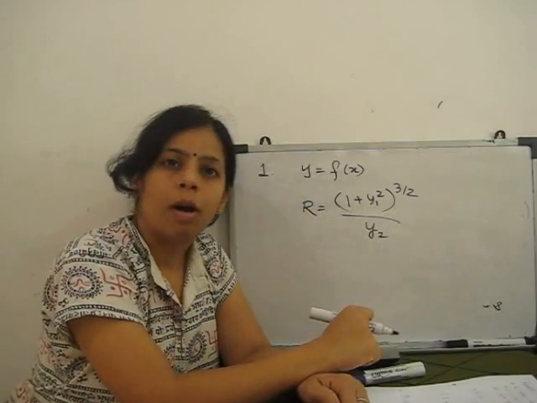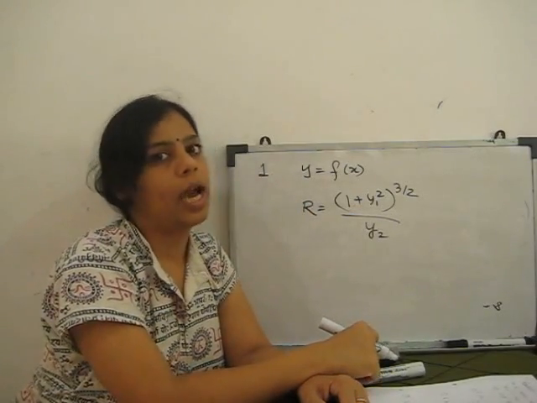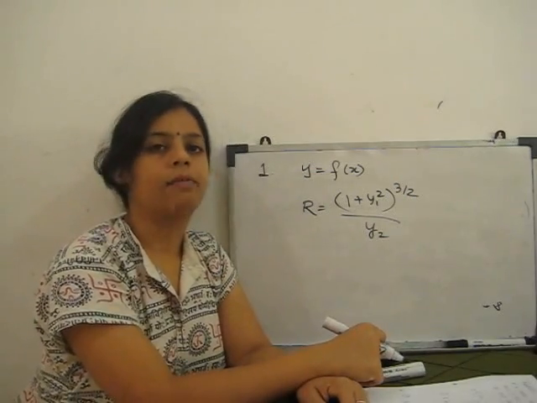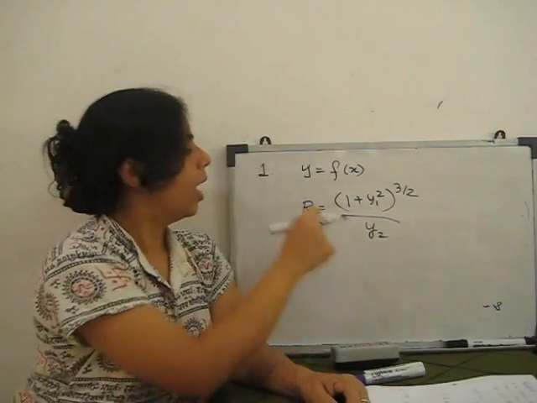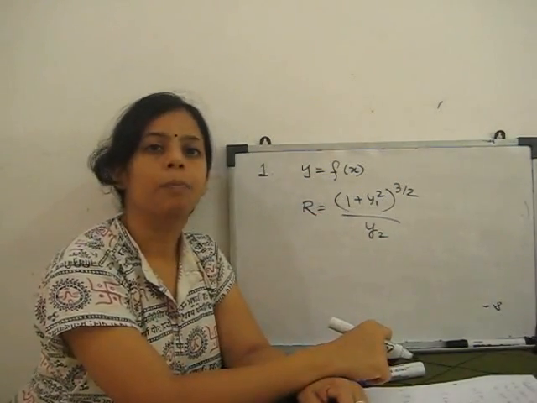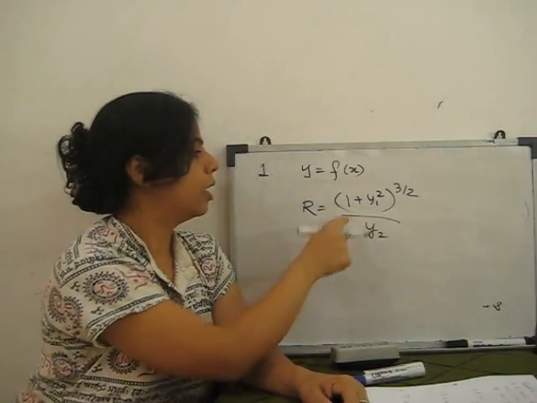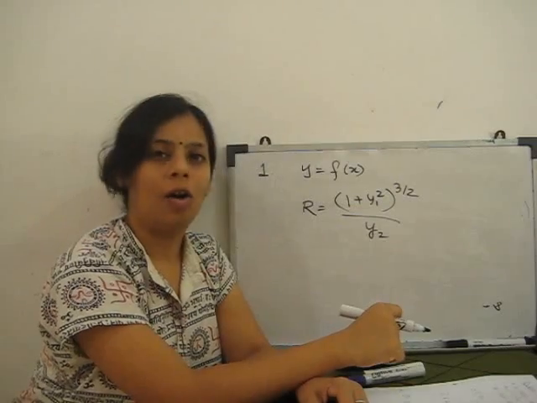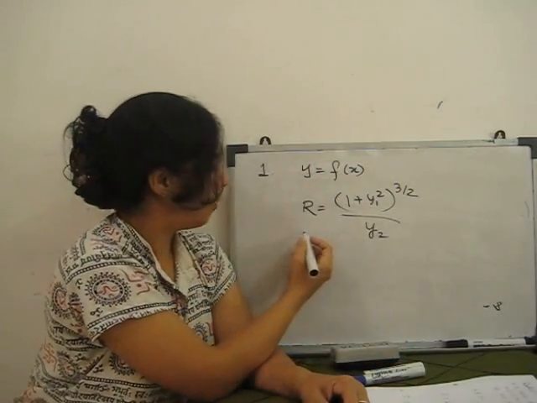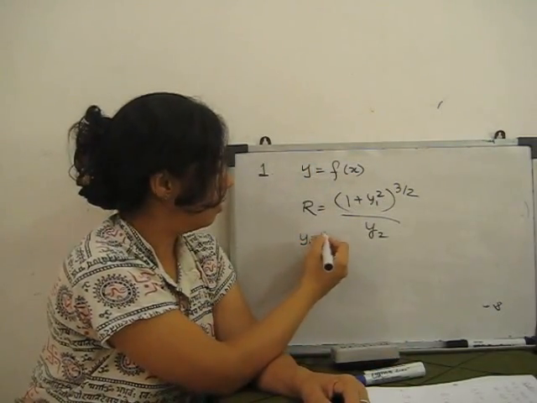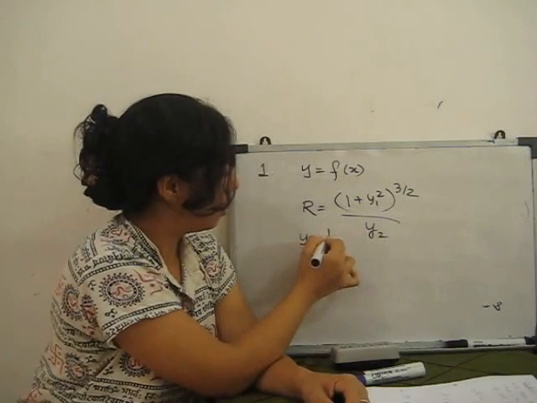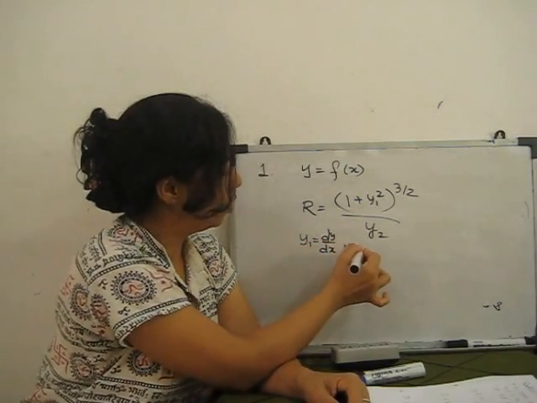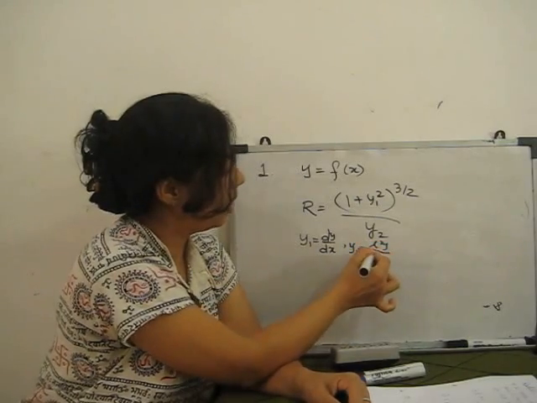We always talk about a particular point. They give the point and the curve, and ask to find the radius of curvature at that particular point. Here y1 and y2 are the derivatives: y1 means dy by dx, the first order, and y2 is d2y by dx square.